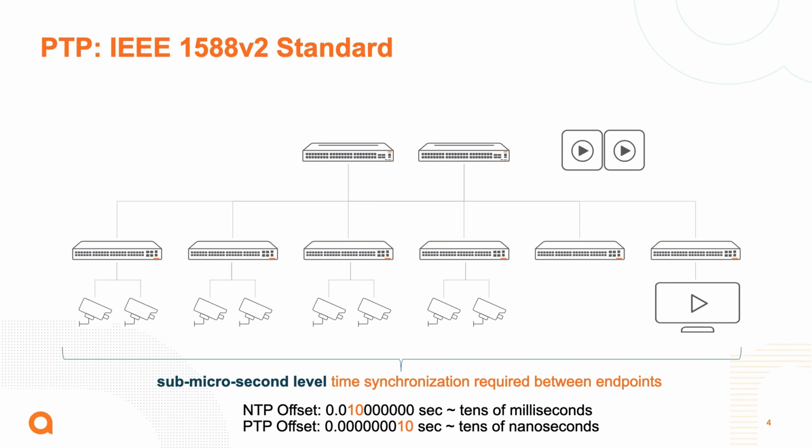PTP starts at the top with some of these grand source clocks. A grand source clock is a high precision clock that is also synchronized to a universal source like a GPS network, and will act as the reference clock for the whole system. PTP is the protocol that will be used between the grand source clock and all those devices in the system that we're trying to deploy or maintain.